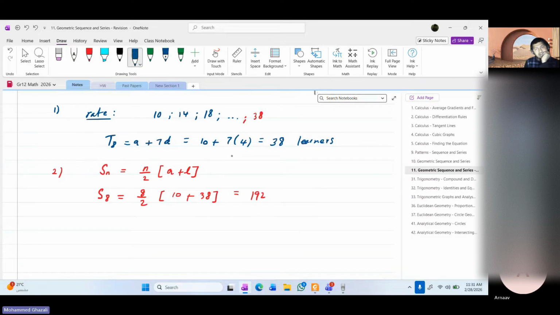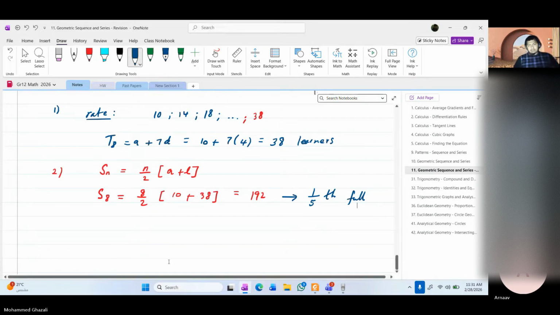Now remember, 192 learners makes up 1/5 of the capacity. It's only 1/5 full, isn't that what they're saying? So we can also use ratios to solve this problem.